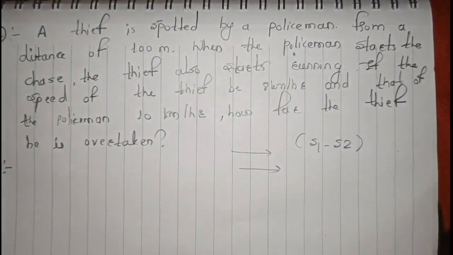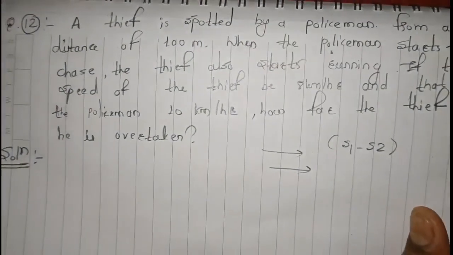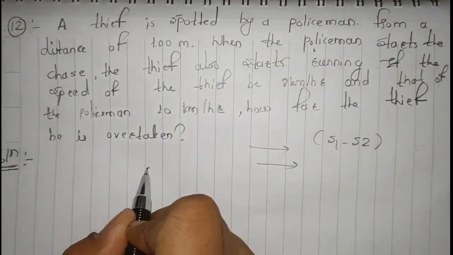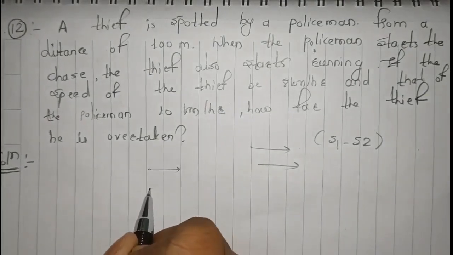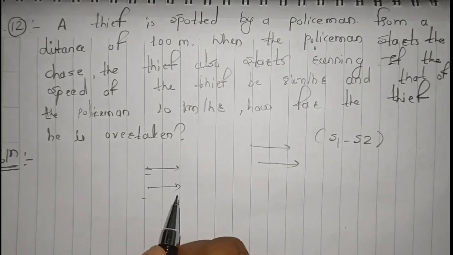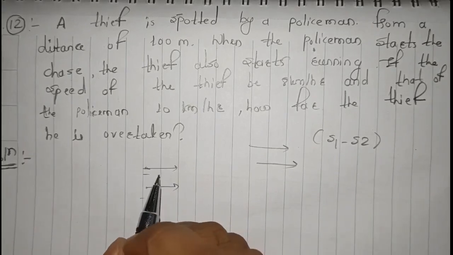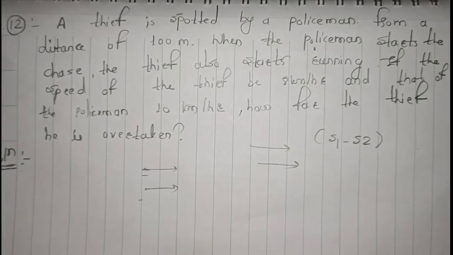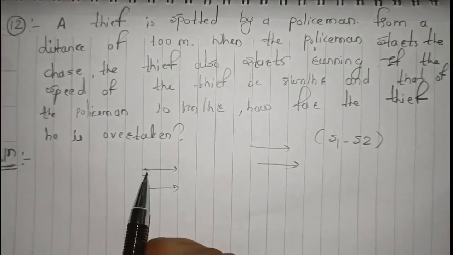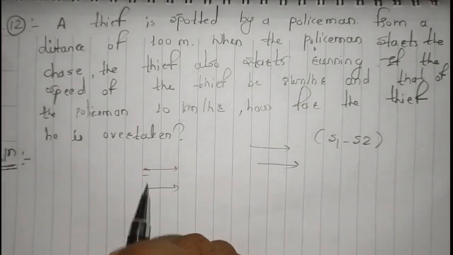But what is the difference between this and the previous question? There, the goods train and the express train both were moving from the same point. Irrespective of the fact that they were moving at different times, the point from which they were starting their journey was exactly the same.